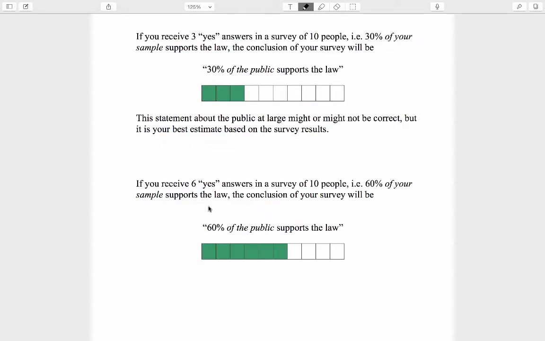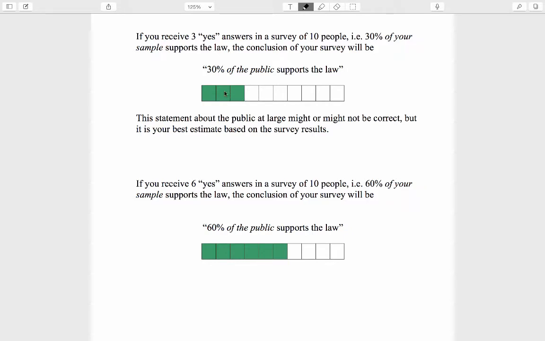If you receive 3 yes answers in a survey of 10 people, that is to say that 30% of your sample supports the law, the conclusion will be that 30% of the public supports the law, because you're only asking 10 people. That is all the information you have to work with to draw a conclusion about the entire public.